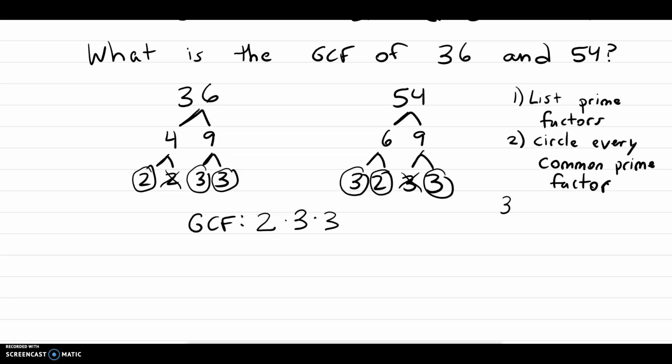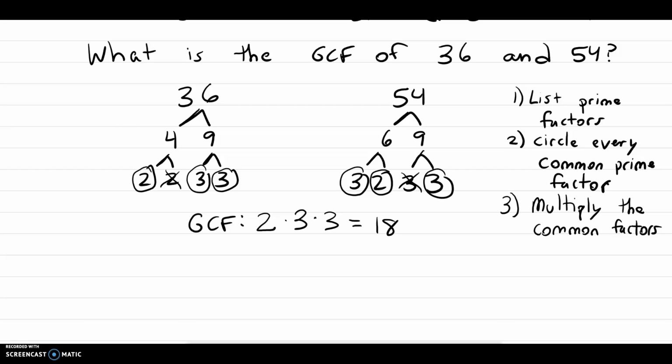And then the last step is to multiply the circled numbers, or the common factors. So here we have 2 times 3 times 3, which gives me 18. Because 2 times 3 is 6, and 3 times 6 is 18. So the greatest common factor of 36 and 54 is 18.